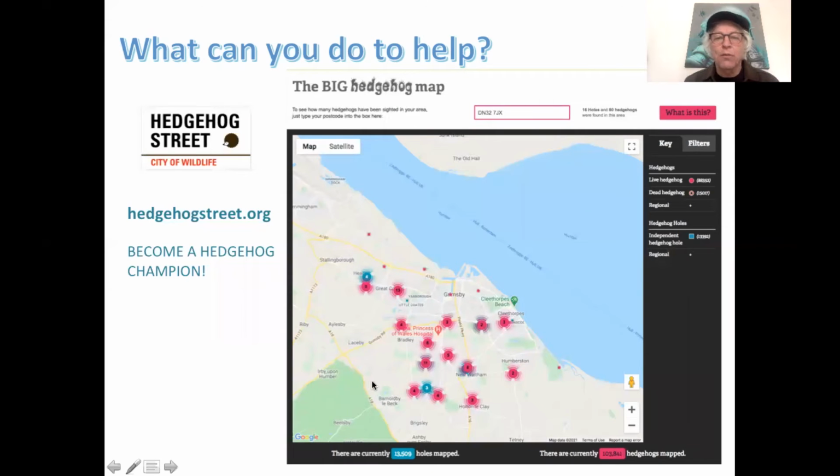And what Hedgehog Street is trying to achieve is to find out where hedgehogs are being sighted. And here's a map of Grimsby and Cleethorpes. And as you can see on the map, there's a few little hotspots here where hedgehogs have been found. So yeah, do check out hedgehogstreet.org and maybe become a hedgehog champion.